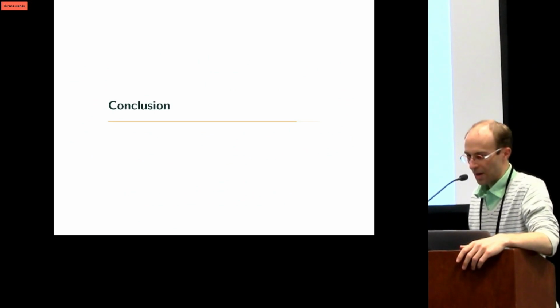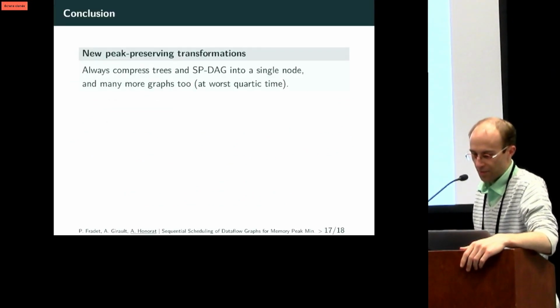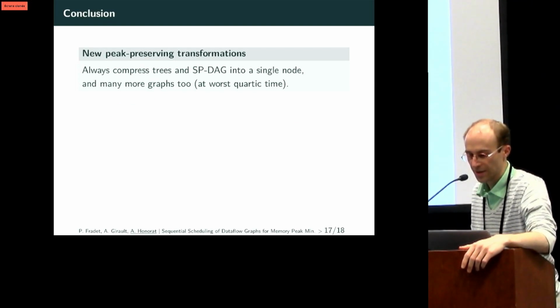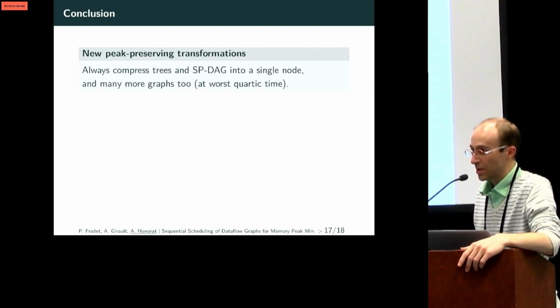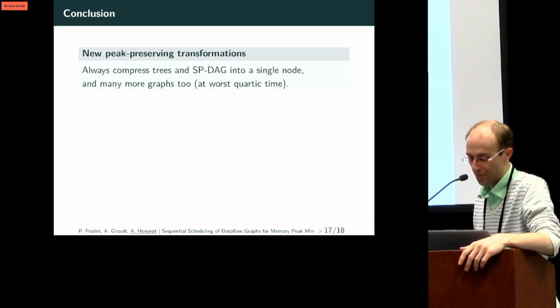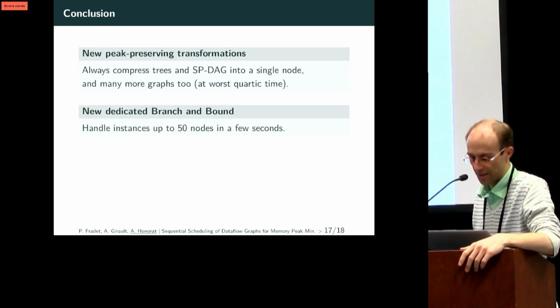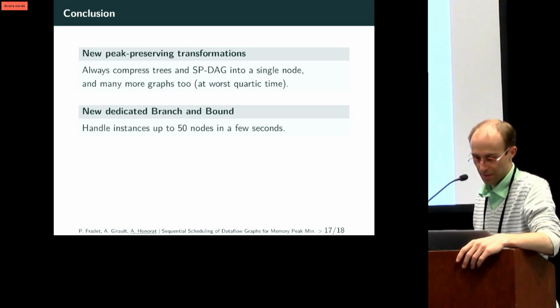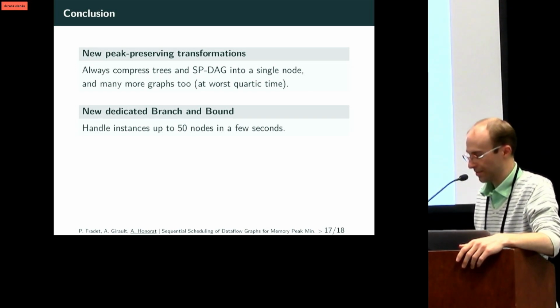So, as a conclusion, we have developed a few peak-preserving transformations, which can be applied also optimally to some subclass of DataFlow graphs, especially trees and SPNAG. And if the transformations are not working up to a single node, then we have developed a dedicated branch and bound algorithm.